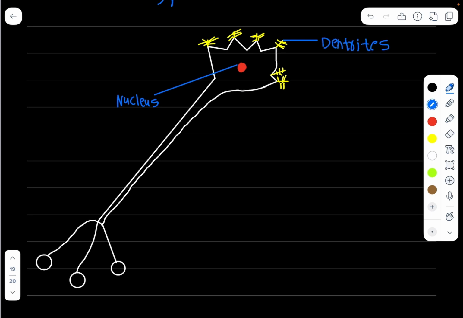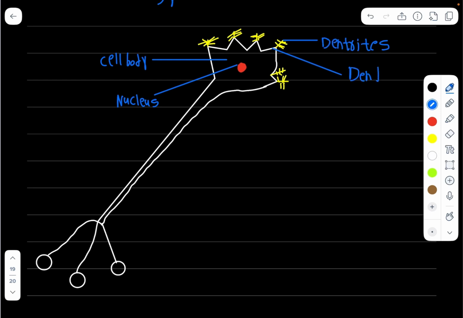Now, this entire thing is the cell body. Alright. Now these rods down there, this part, is the dendrons.